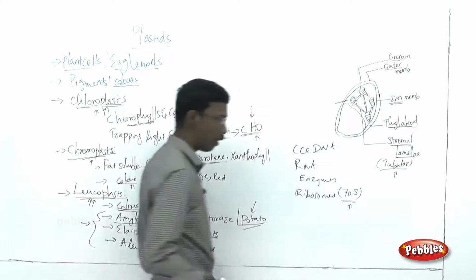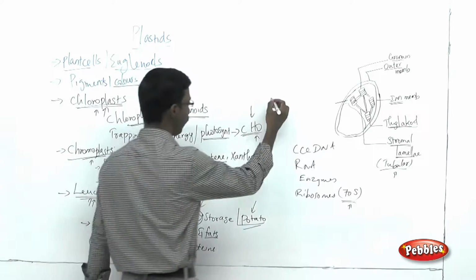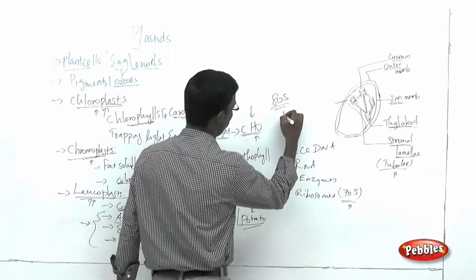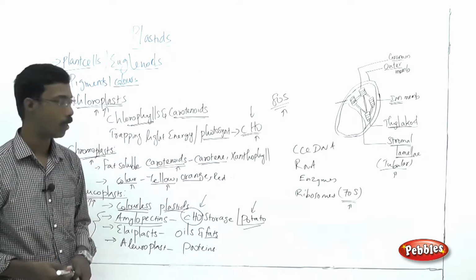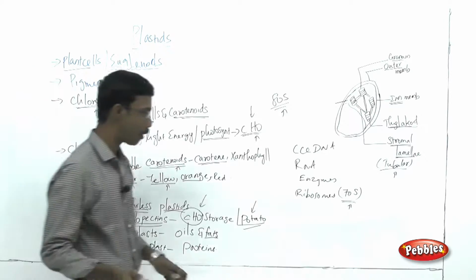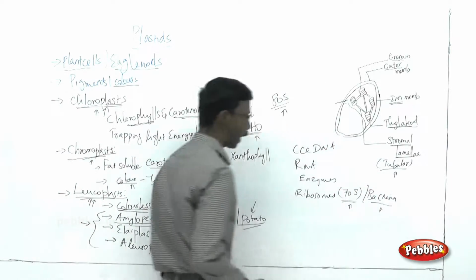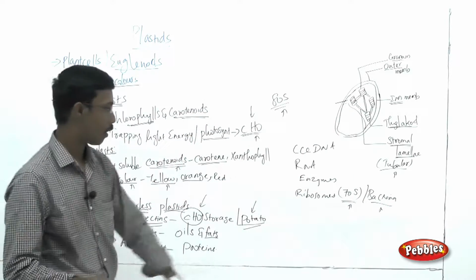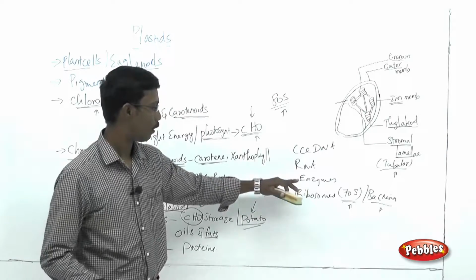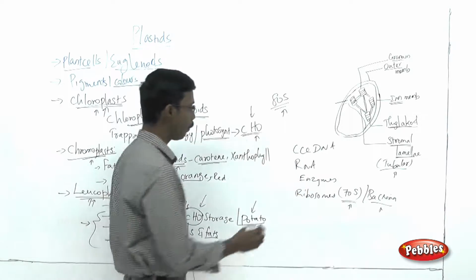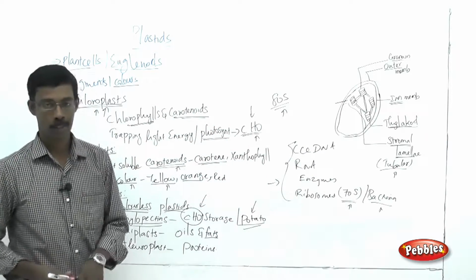Just remember, in eukaryotic cells all the ribosomes are 80S ribosomes, but only in mitochondria and chloroplast the ribosomes are 70S ribosomes because they are descendants of bacteria. So they possess the characters of bacteria: 70S ribosomes, circular DNA, their own RNA, their own enzymes. So they produce their own proteins, the proteins required for photosynthesis.